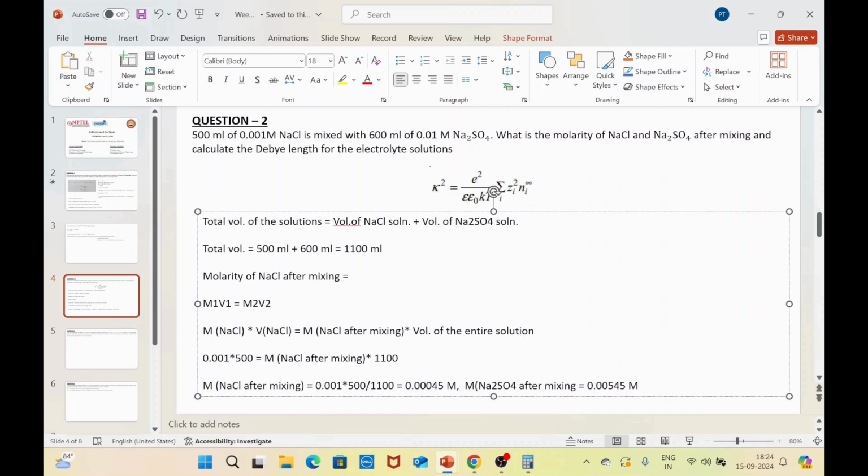You have to calculate the Debye length for this entire mixture. That mixture has both your NaCl, or Na plus and Cl minus, and SO4 2 minus ions. So for that mixture, you are supposed to calculate the Debye length.